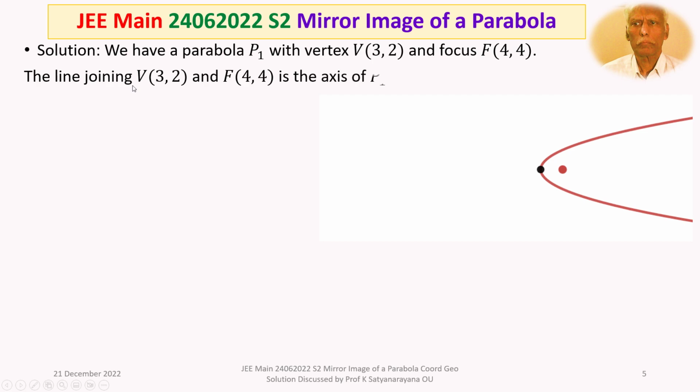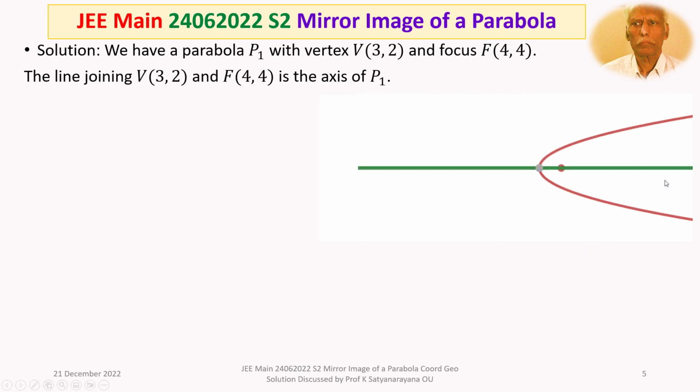Then the line joining V and F is the axis of the parabola P1. So this green line is the axis of the parabola P1.